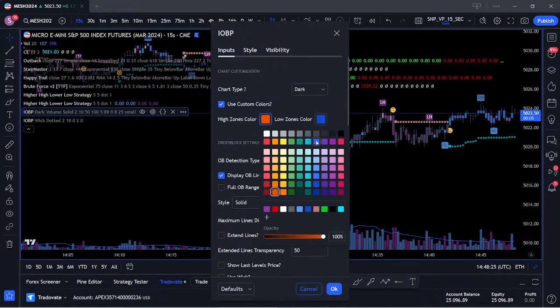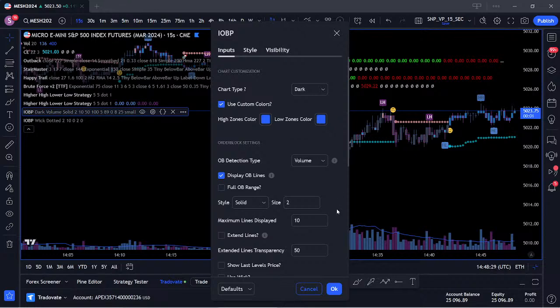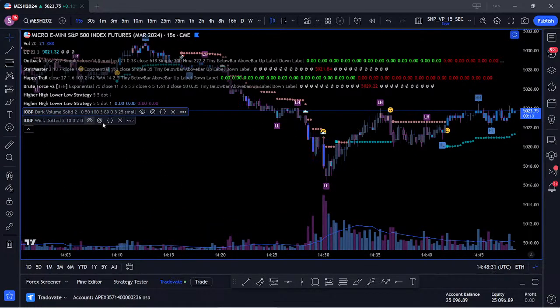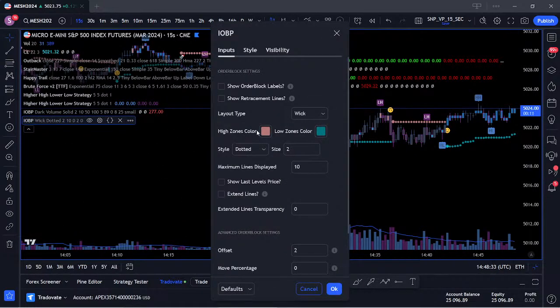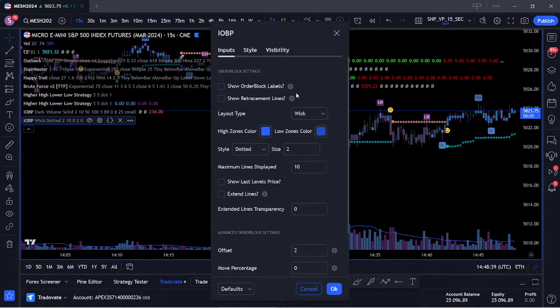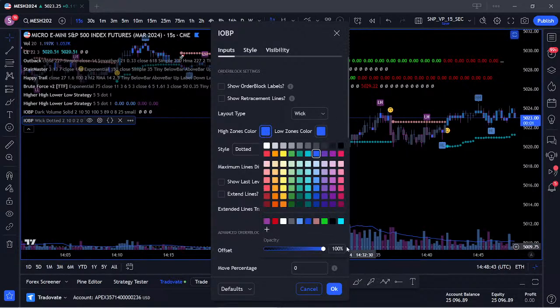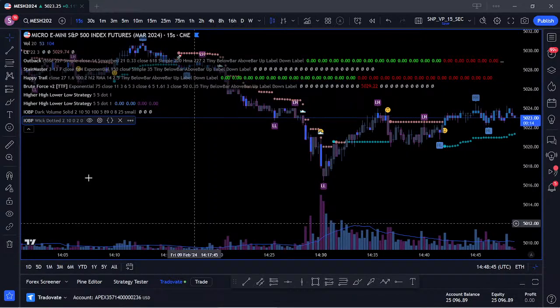So it's important to agree on a certain color that represents something in your brain, especially if it's your favorite color. Blue is my favorite color.